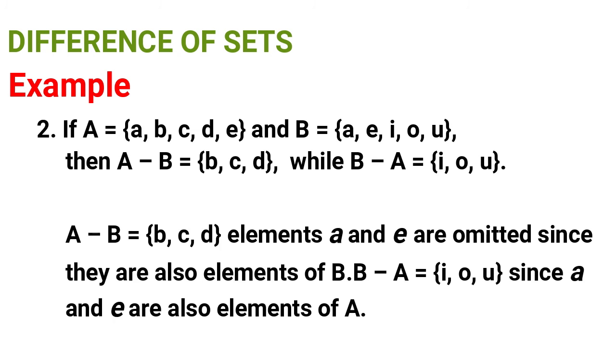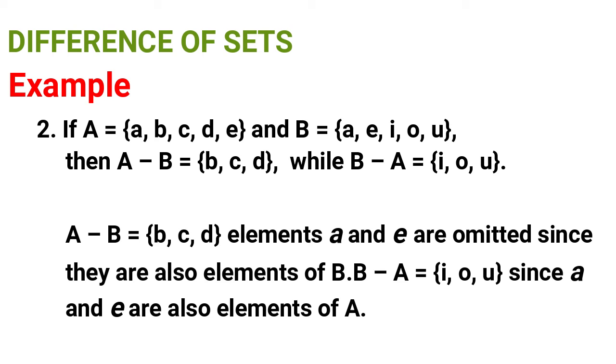In example 2, if A is equal to {a, b, c, d, e}, and B is equal to {a, e, i, o, u}, then A minus B is equal to {b, c, d}, while B minus A is equal to {i, o, u}.